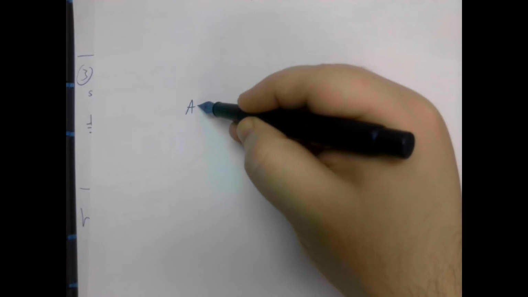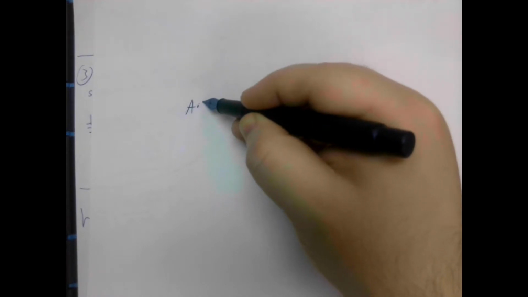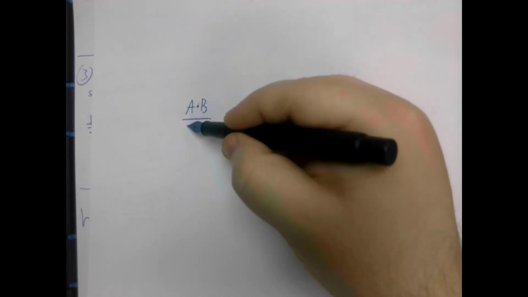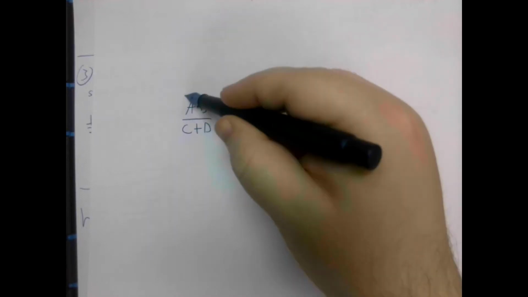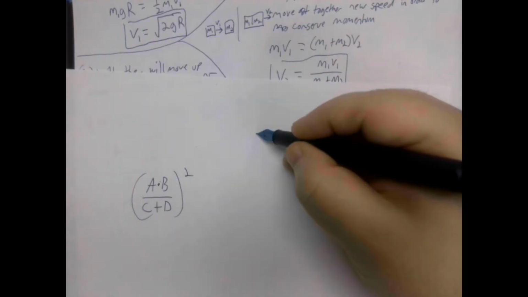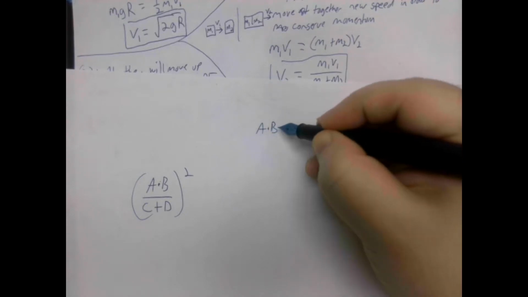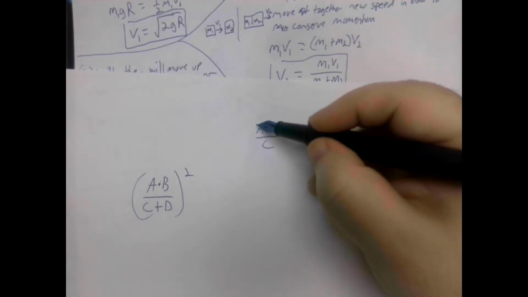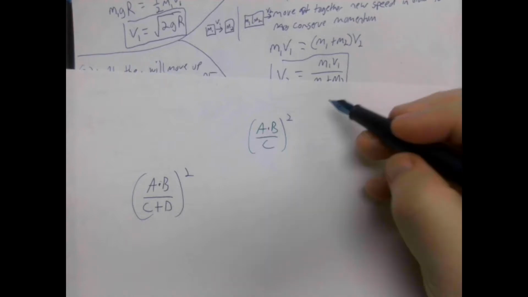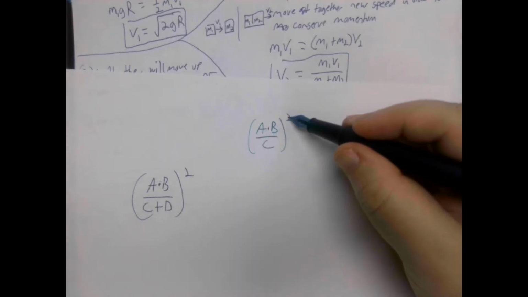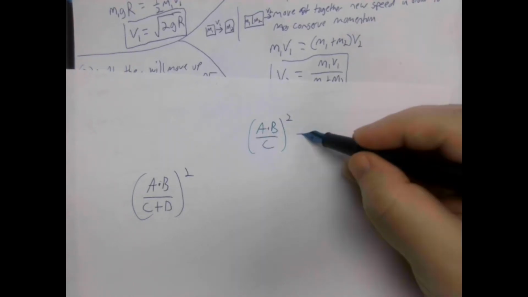So if we have something like a times b over c plus d, all squared. The first rule, if we have a times b divided by c like this, and this is squared, this square is distributed to everything that's being multiplied or divided together.